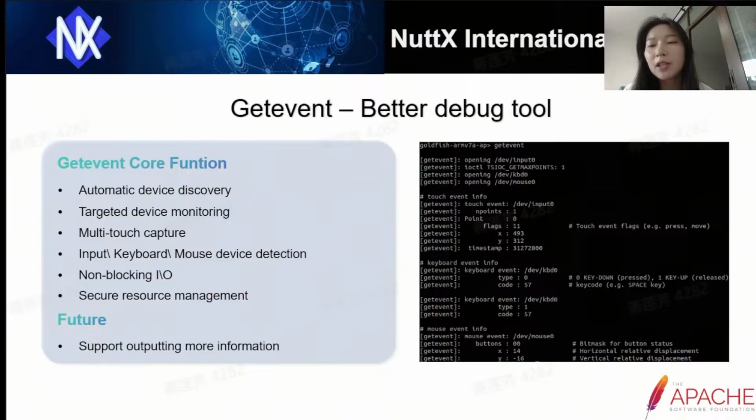This prevents the system from hanging while waiting for events. Going forward, we'll add support for outputting more information for the input devices. The screenshot on the right shows getevent automatically detecting device nodes and displaying information about the identified input devices.